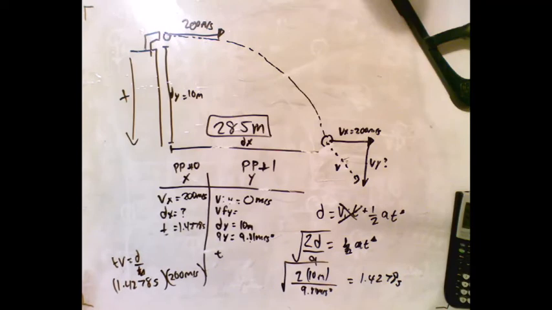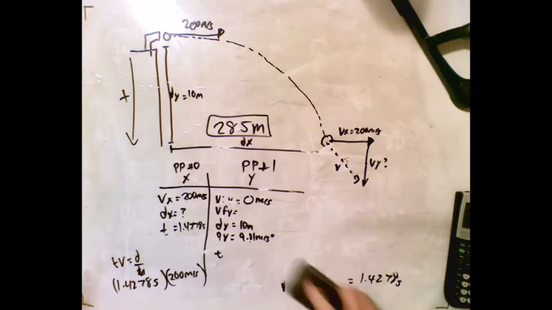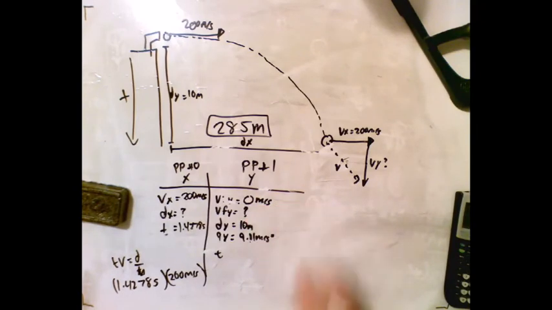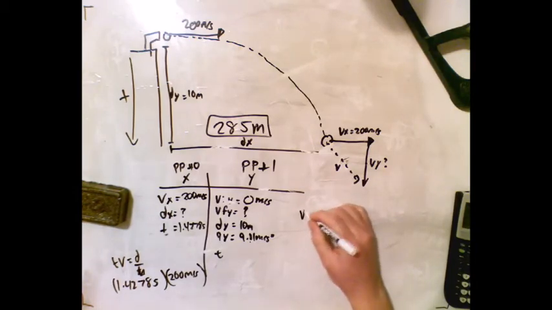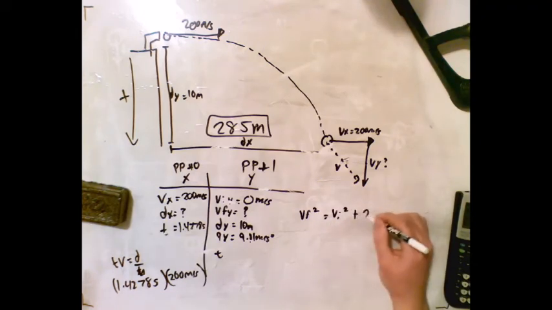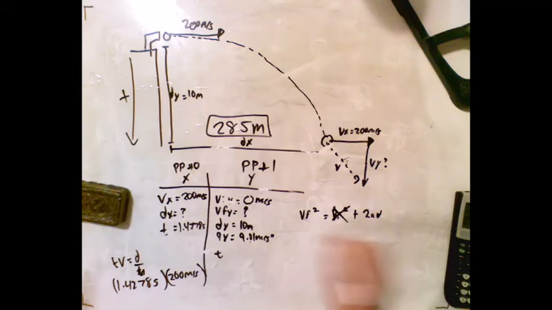So what I'm going to do is I'm going to erase this here. And I need to find my velocity in the y, because that's the other part of this. So I need a formula without time. So I'm going to use Vf squared equals Vi squared plus 2AD. And my initial velocity is 0. So if I want to find my final velocity, I just square root both sides, and I'll get that.